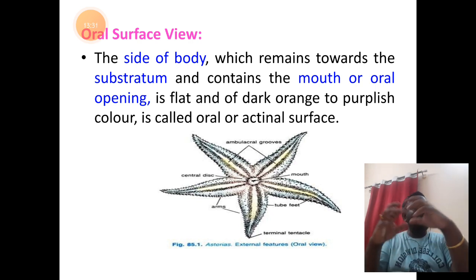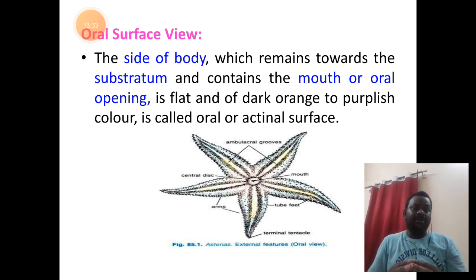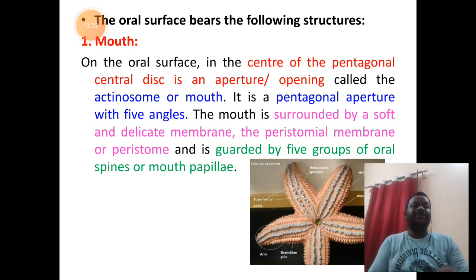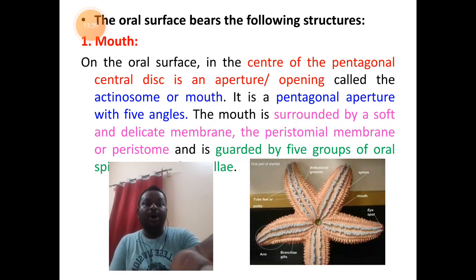So, what are all the parts that we can find on the body towards the oral surface? First one to start with is the mouth.